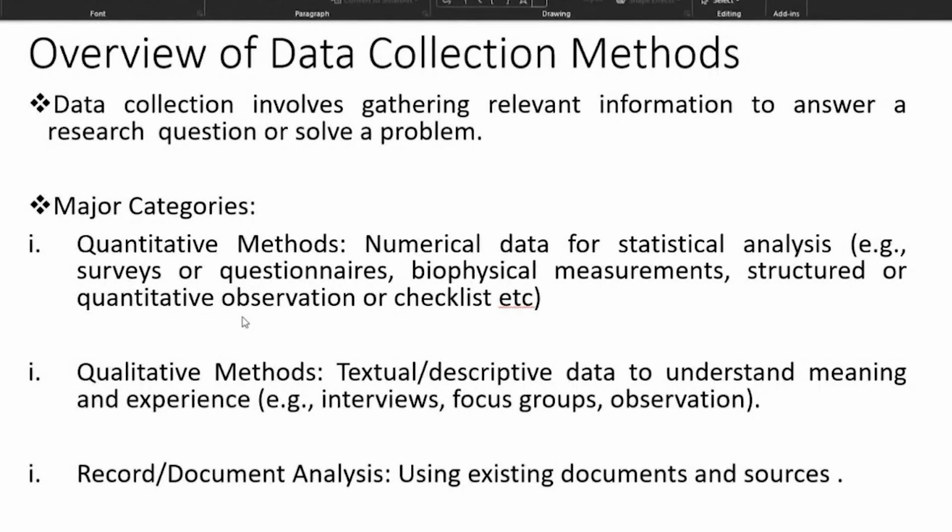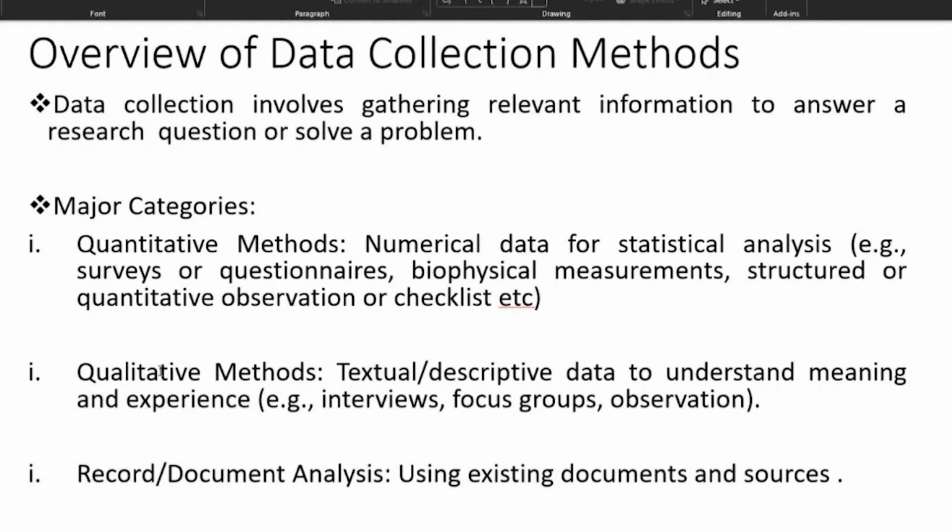Most time when you hear about observation, you may think it's only qualitative, but no. We have structured or quantitative observation where we use our checklist. Like I can just have a checklist of what I want. So I will just go, observe and tick. Observe and tick. So a checklist also falls under quantitative method.